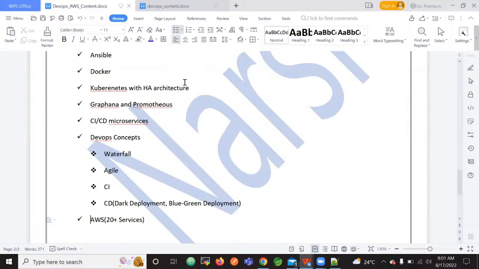How they are implemented is different, but the concepts are the same. For example, AWS has CodeCommit repository, Azure has Azure Repos. AWS has the S3 bucket, Azure has Azure Blob Storage. The concept is the same, but the implementation is different.